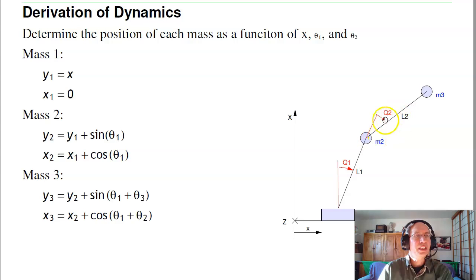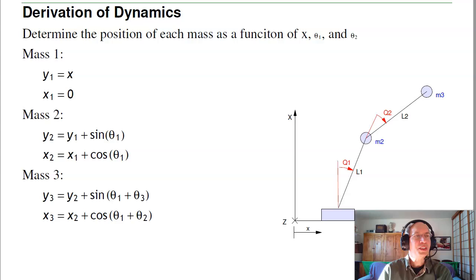The second link's angle is relative to the first link's angle. And x is in the vertical direction, y to the right. The z-plane doesn't really matter. My variables are x, the displacement of the cart, left and right. Kind of bad notation that x is y, yeah, but we'll just go with it.